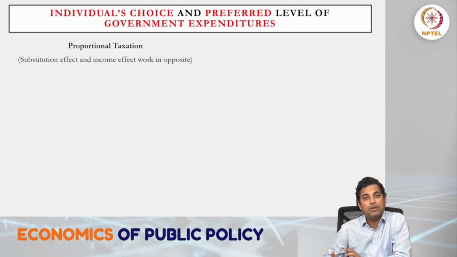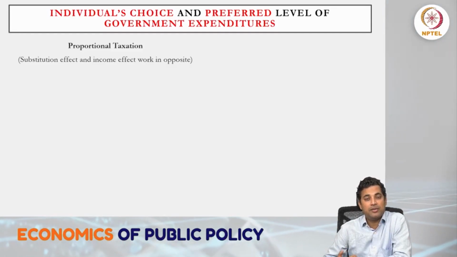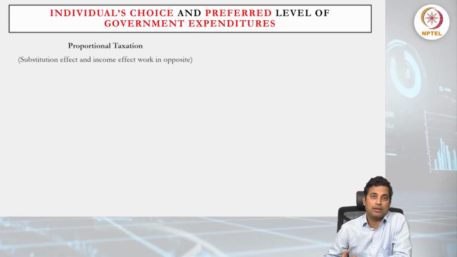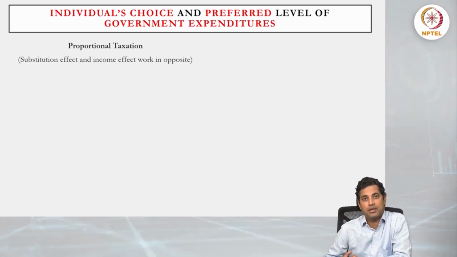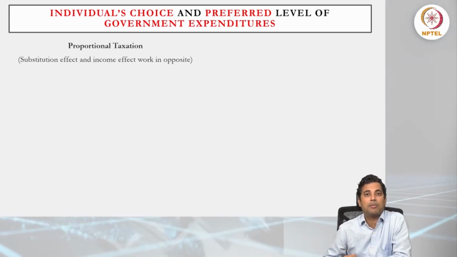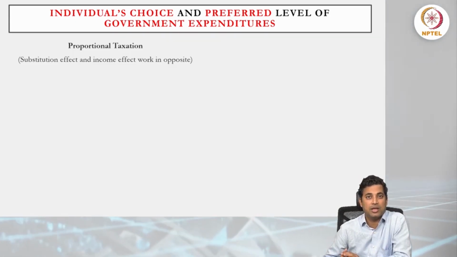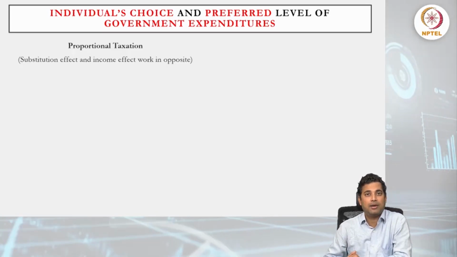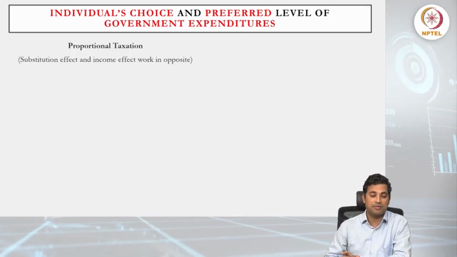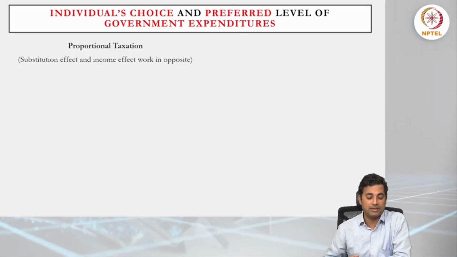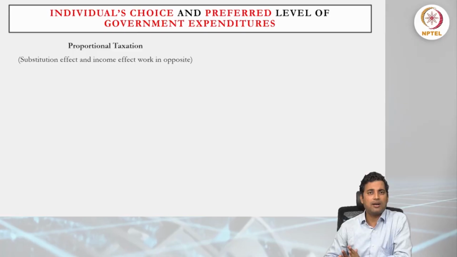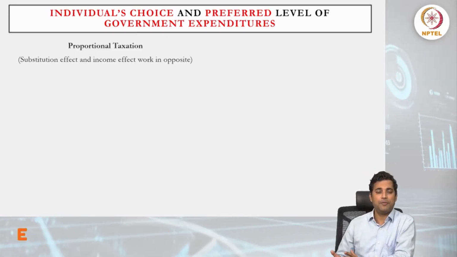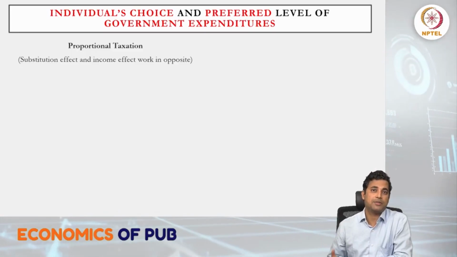So if metro access needs to be increased, local auto services also need to be increased, and therefore these are complementary goods to each other. We gave this example in the context of Delhi's metro and auto services.